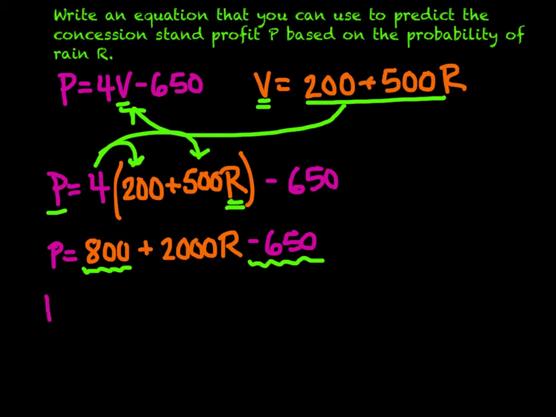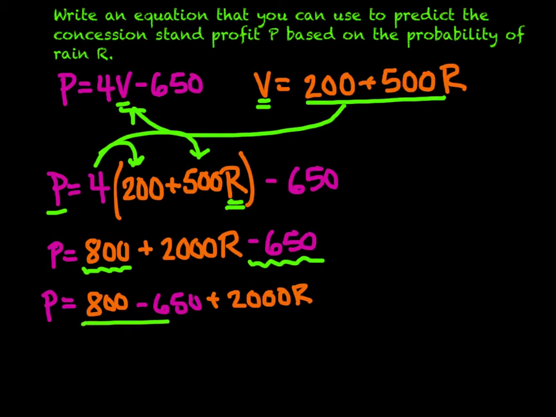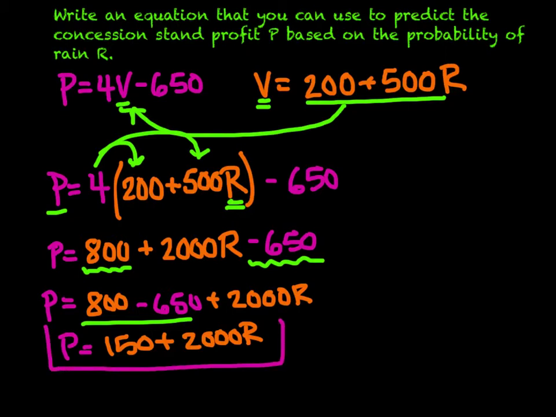So we can rewrite this as P is equal to 800 minus 650, plus 2,000R. So 800 minus 650 becomes 150 plus 2,000R. So our percent chance of rain gets us this equation for profit. Profit is equal to 150 plus 2,000 times R.